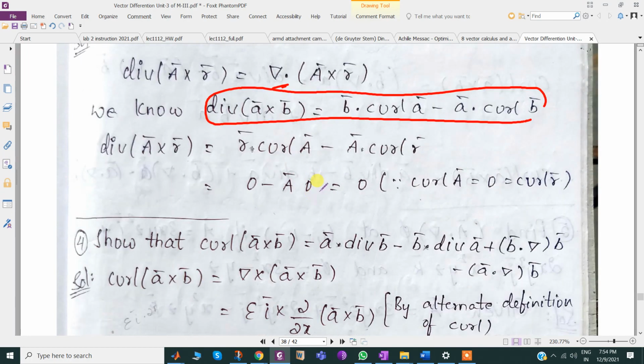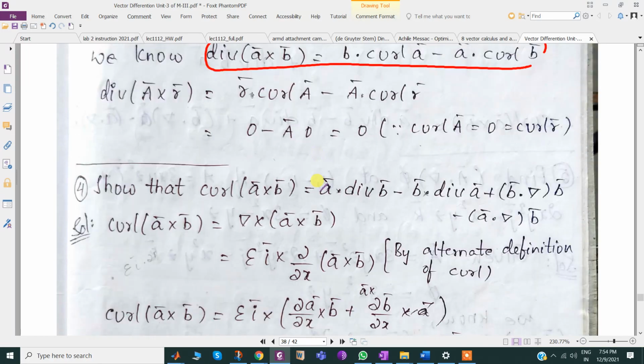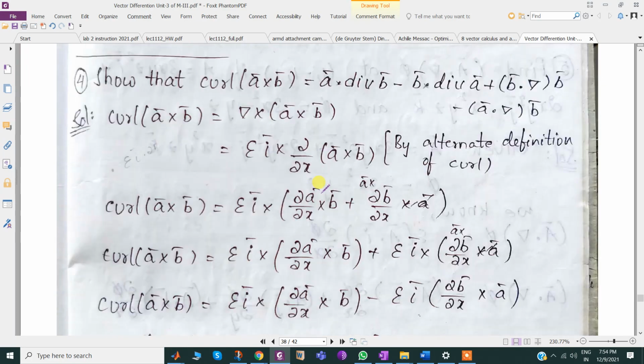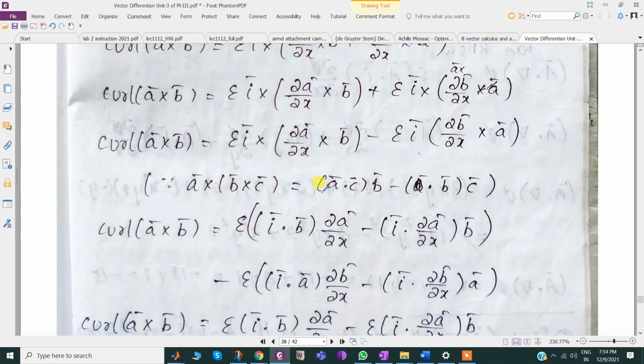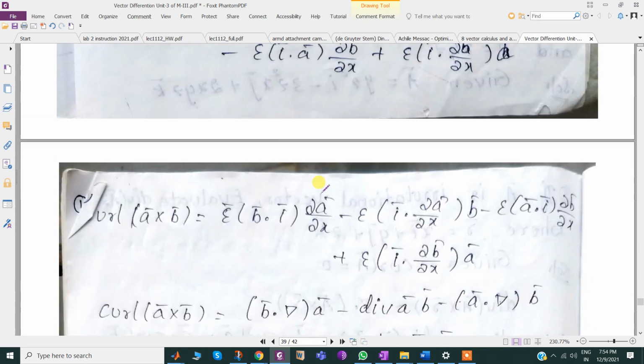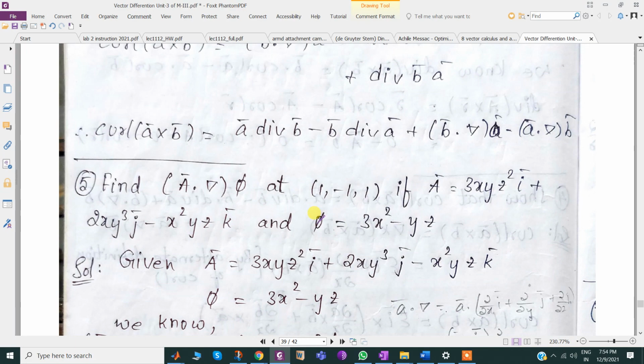Substituting and simplifying individually, you will get the rest. Similarly, show that curl a bar cross b bar, same logic. We may write that curl a bar cross b bar equals, an extension of the problem.